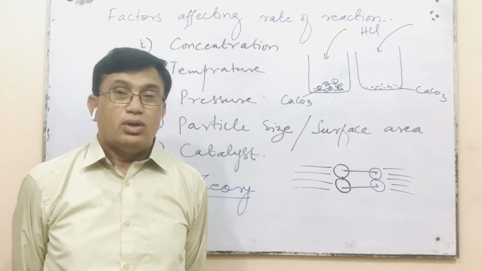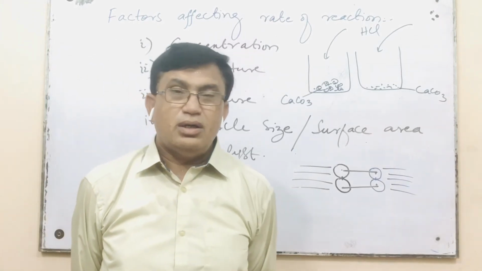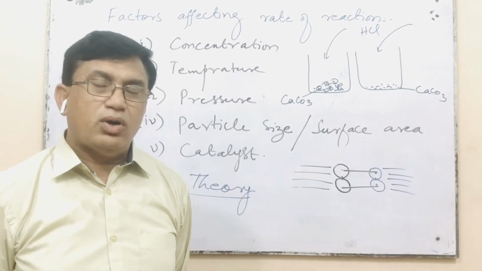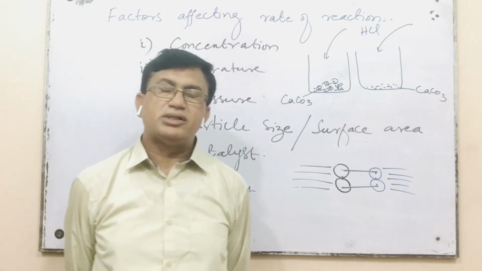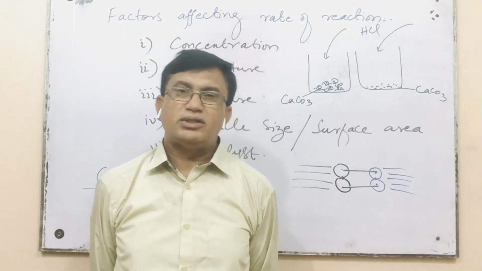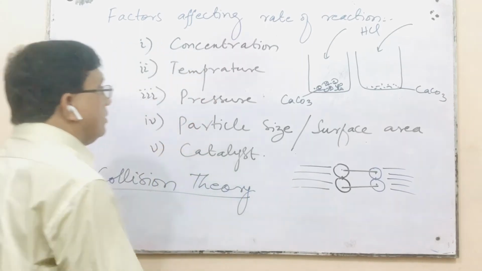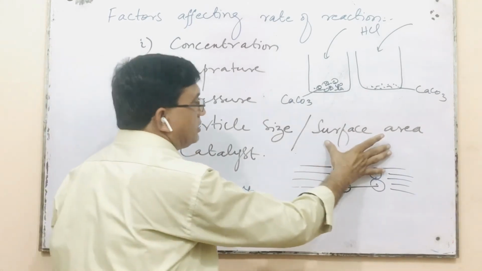So, such a process is not allowed in coal mining because the rate of reaction as a result of small particle size is very fast and very dangerous. This is the effect of particle size or surface area.